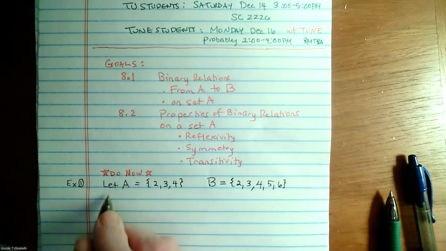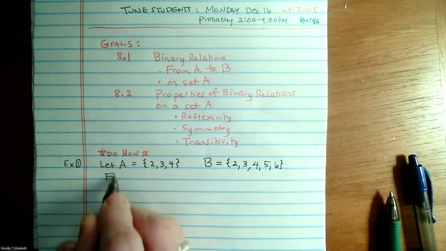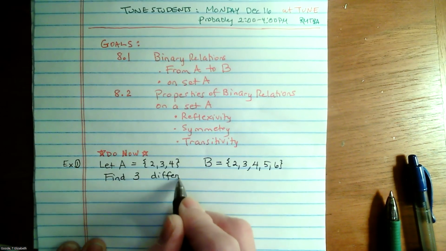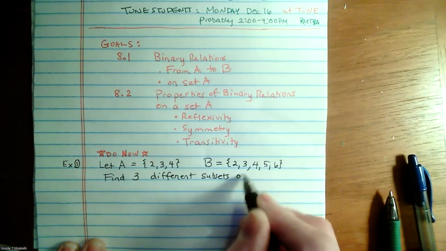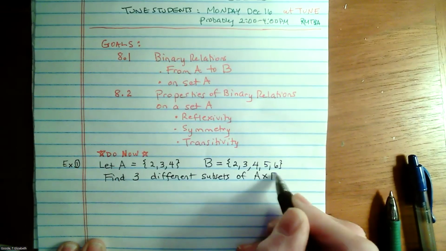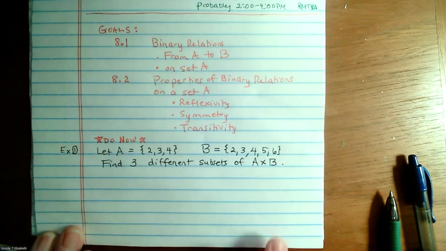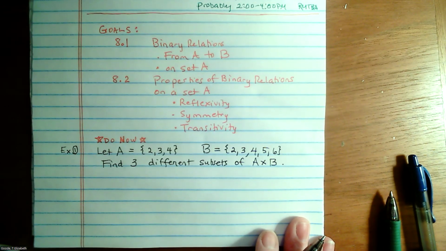And what we'd like to do for our warm-up is just find 3 different subsets of A cross B. There are lots and lots of possible solutions. So just take a few minutes here and find 3 different subsets of A cross B.